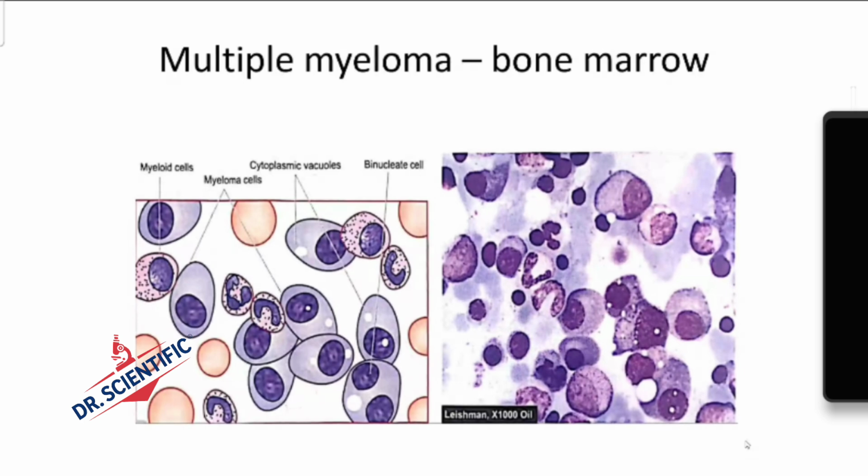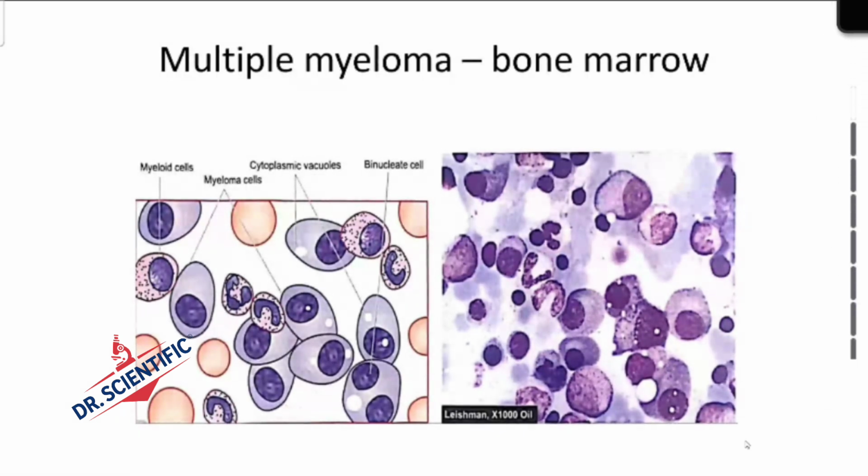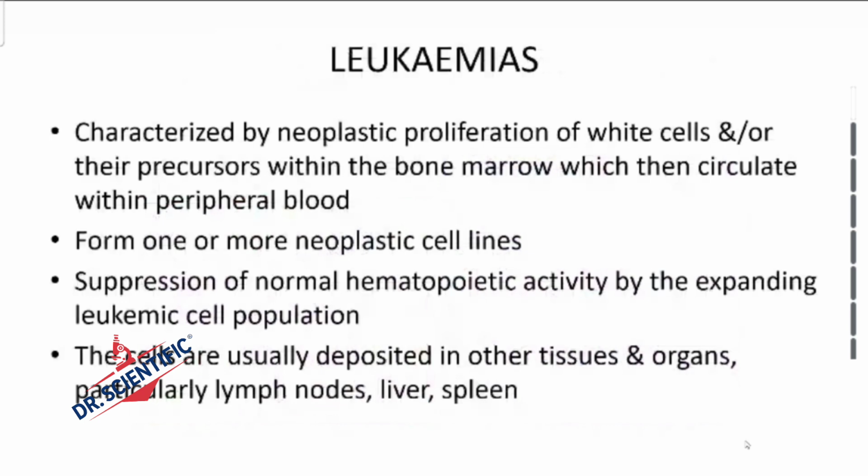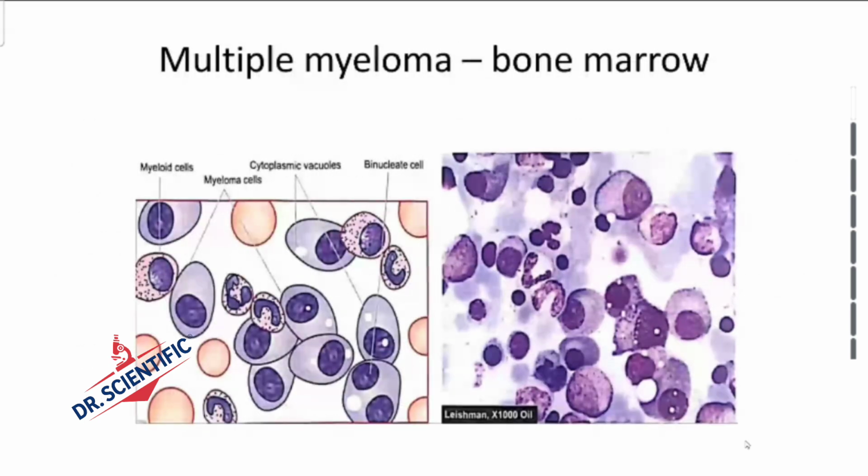If you take that aspirate from there and stain it in a person with multiple myeloma, or where you suspect multiple myeloma and want to make a diagnosis, this is what you will see. On your right is a micrograph under the light microscope, stained with a Leishman type of stain. And on the left is the diagram of the same.